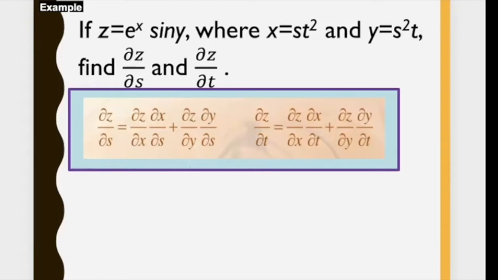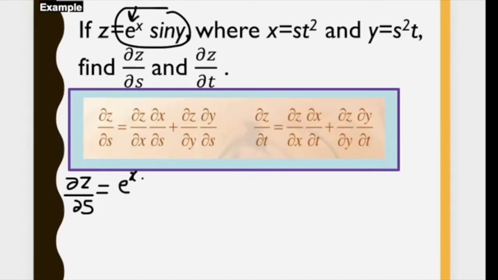Let's look at this. To find the partial derivative of z with respect to s, I am going to differentiate z, but it is the one that has the x that I will differentiate. The derivative of e to the x is e to the x, so I rewrite e to the x. And because the sine y is attached to it, I rewrite sine y.